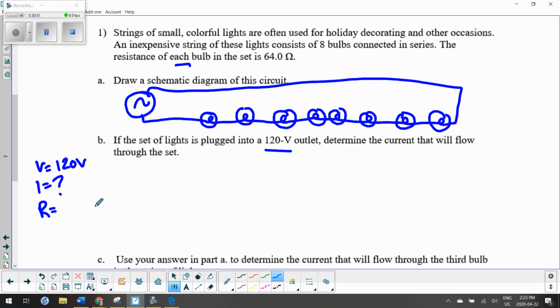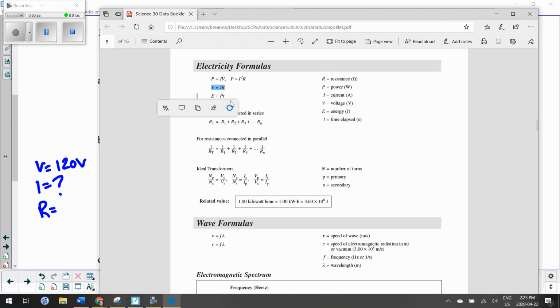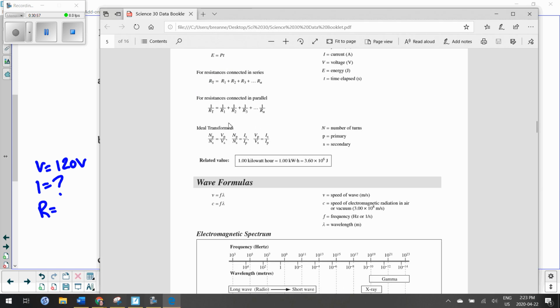Since this is series, I'm going to go to my data booklet. For resistance connected in series, R total equals R1 plus R2 plus R3 plus R4, and since I have 8 of them, plus R5 plus R6 plus R7 plus R8.